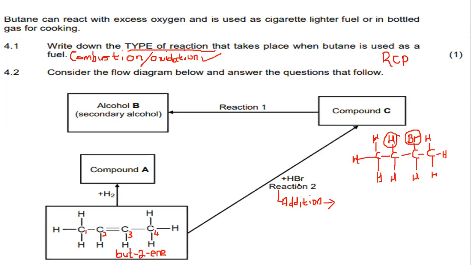I added the bromine atom. And we know a bromine atom is a halogen. In other words, the type of addition there is hydro. Okay, that one doesn't look nice.